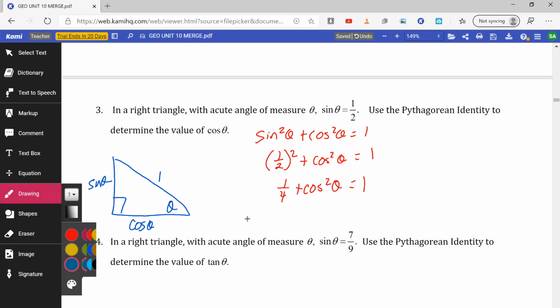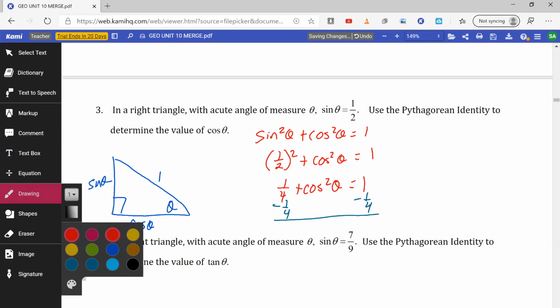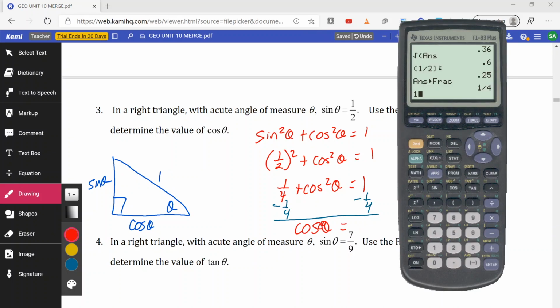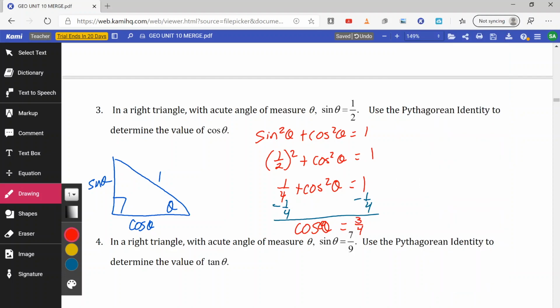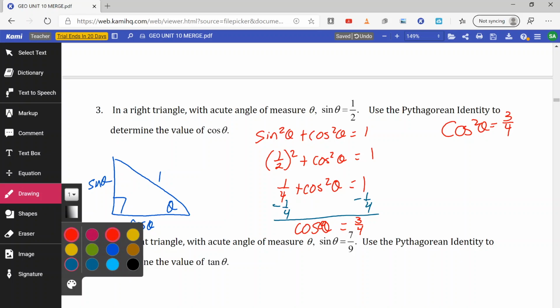I'm going to subtract 1/4 to get cosine squared theta by itself. So I can do 1 minus our answer, 0.75, which as a fraction is 3/4. So now that we have cosine squared theta being 3/4, what I need to do is take the square root, just like in the Pythagorean theorem.